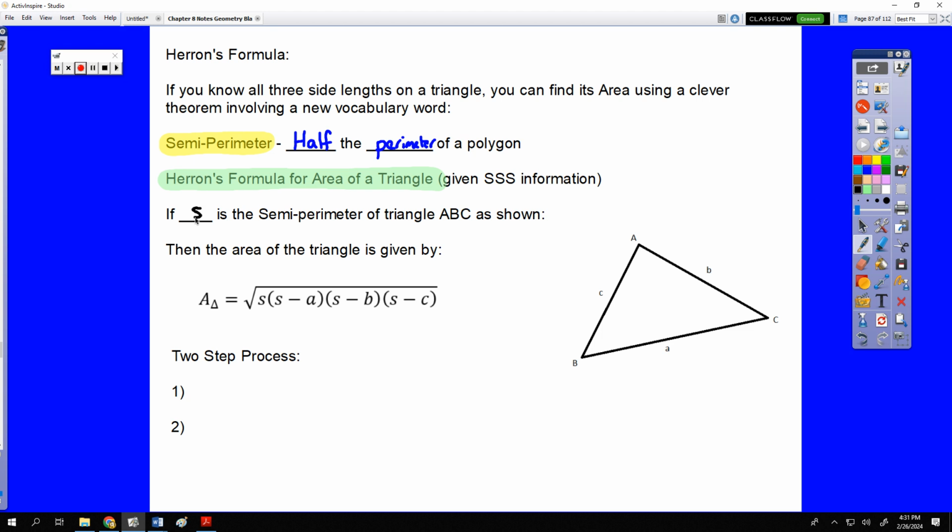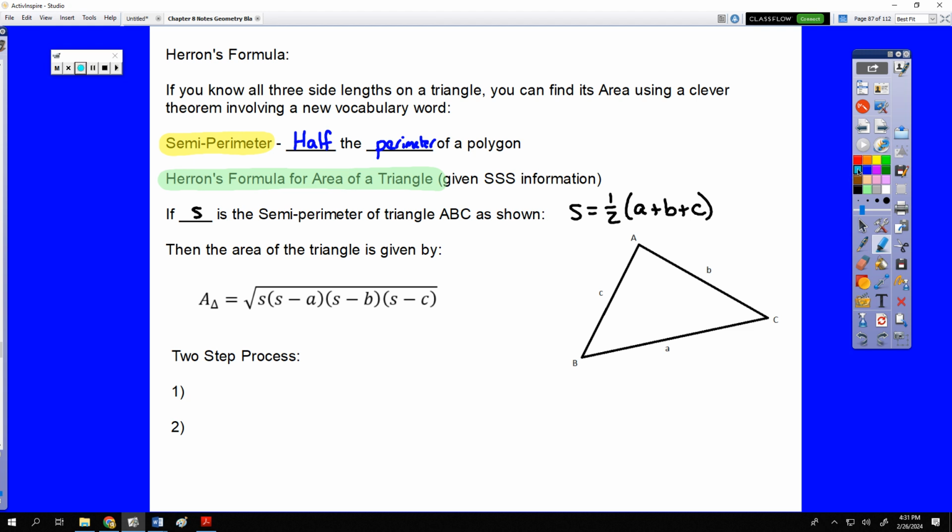If S is the semi-perimeter of triangle ABC, as shown, meaning that S would be 1/2 of the perimeter, which would be little a plus little b plus little c, then the area of the triangle can be given by Heron's formula, which says that the area of the triangle is equal to the square root of the product of the semi-perimeter and the difference of each of the side lengths with the semi-perimeter. The square root of S times S minus A times S minus B times S minus C.